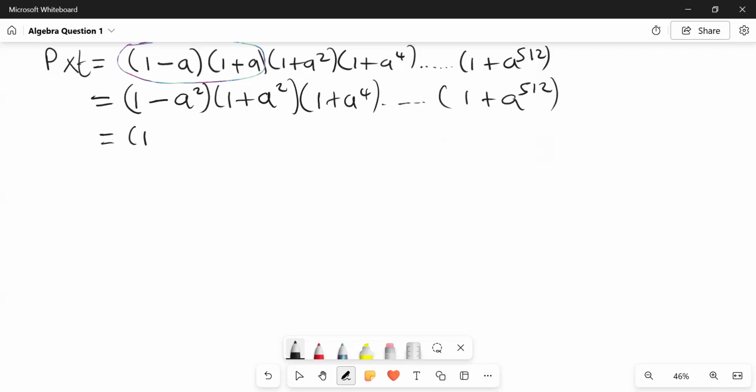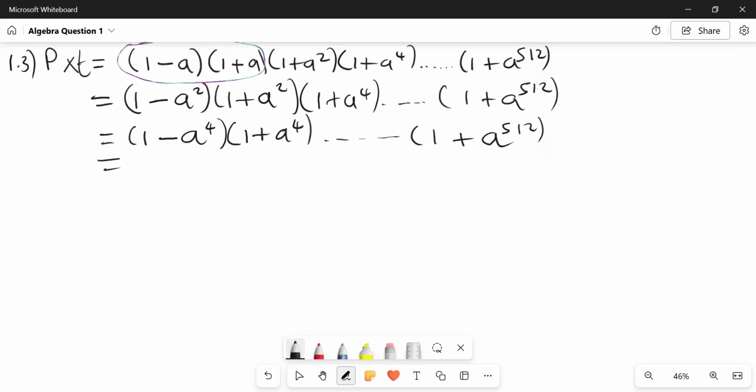Negative a squared times positive a squared, that's minus a to the power 4. Drop down 1 plus a to the power 4. And then continues to 1 plus a to the power 512.